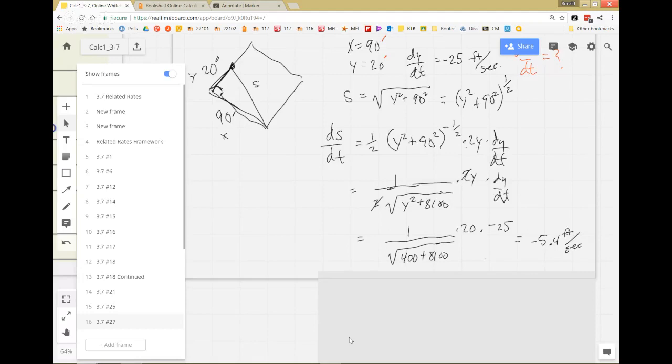Does that make this any less important? No, I can guarantee you that when we get to the test on this chapter, you're going to have a related rates question. So this stuff is pretty important, and hopefully you're starting to get a little bit more comfortable with it. That's my hope.